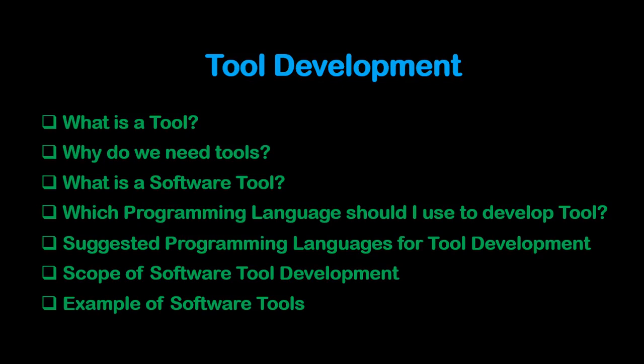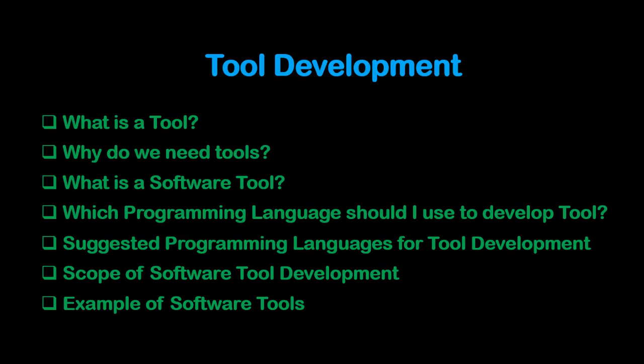Scope of software tool development. Software tool development has a very wide scope. So you develop a tool, you keep on adding some functions. Eventually the tool will become a product or a software by itself. Who knows, someday you will even start marketing or selling the tool.